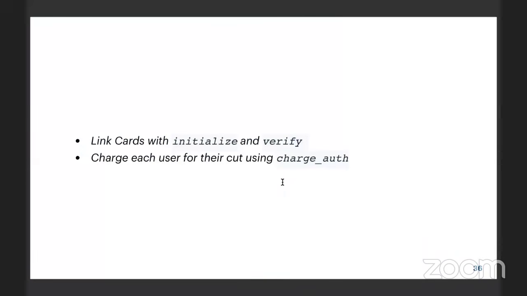So the way to do that would be, again, when the people are registering, they link a card, they initialize the transaction, they verify the transaction, and then we return the authorization code to you, and you store that. And then the next step is when people are queued up to pay for a particular deal or a particular bill, each one of them is charged the equivalent of what they are supposed to pay, and then you just disburse to whoever it is you need to disburse the funds to.